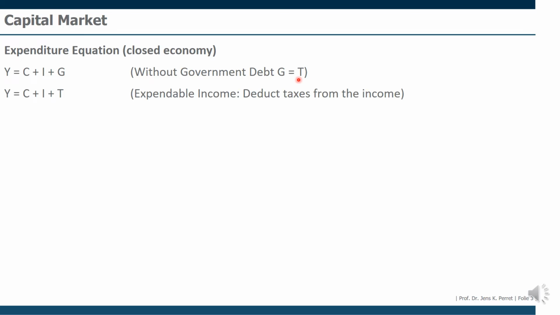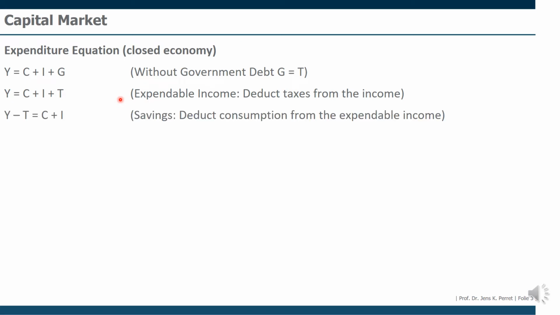If this holds, then we can replace the government expenditure with the taxes and use this by subtracting it from the right side, or more or less shifting it to the left side, to calculate the expendable income. The expendable income is basically what you earn minus the taxes you pay.